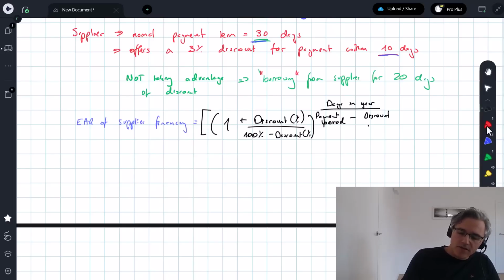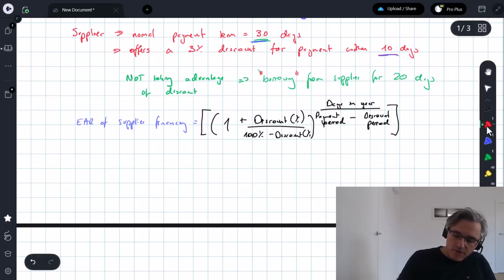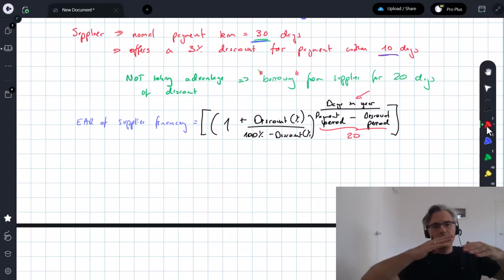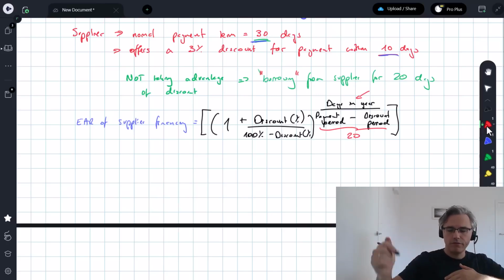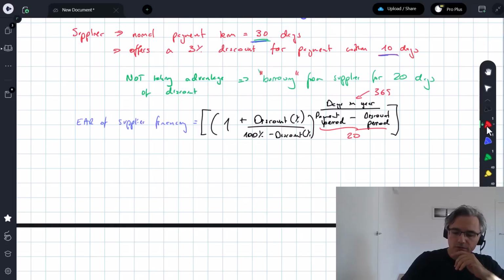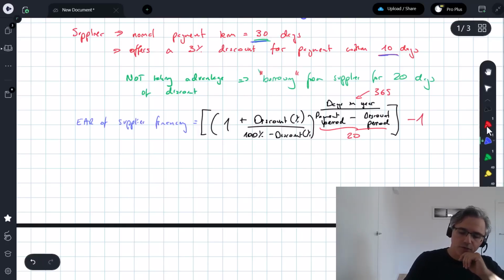So as you can see, what we will get in the denominator of the fraction is the difference between 30 and 10, which will give 20, because this is effectively how long we're getting the financing for. So over here we'll have 20 days, over here we'll have the number of days in the year, so this is like extrapolating to a full year. This would be typically 365 days, everything minus 1.